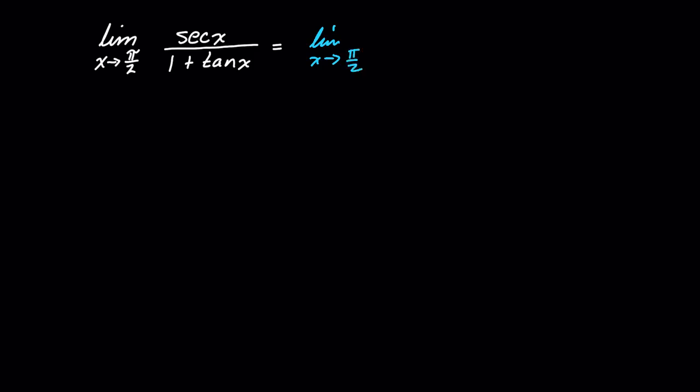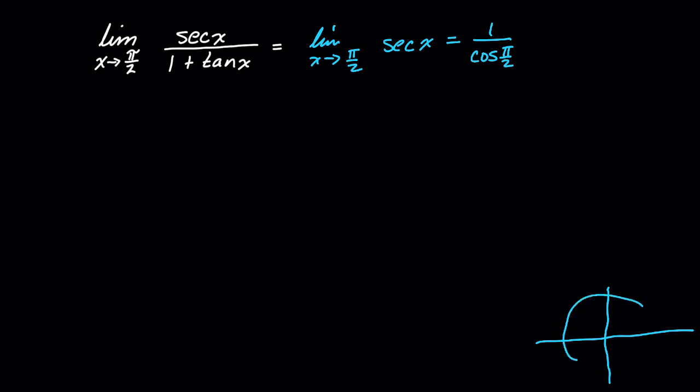well, secant x, that's the same thing. Secant is the same thing as 1 over cosine. Now, cosine of pi over 2 is 0, but the limit as x approaches pi over 2 is really what we want to look at.